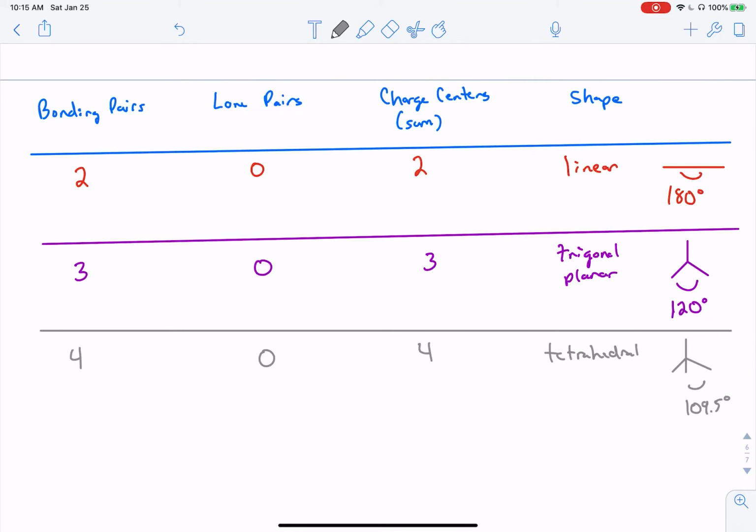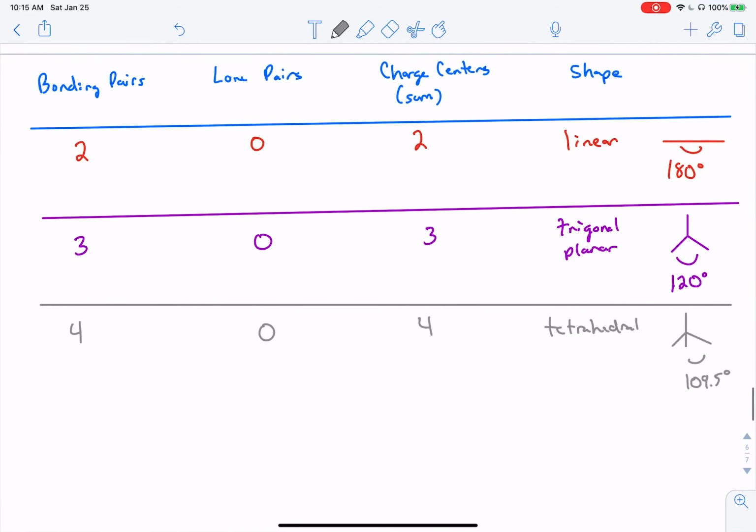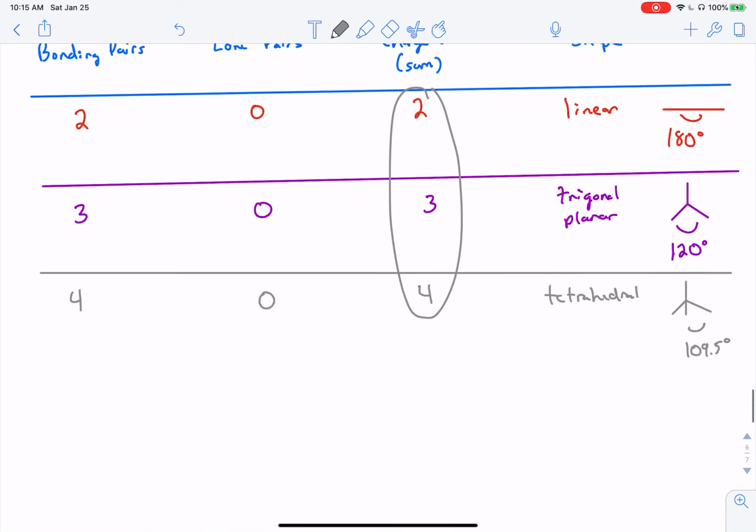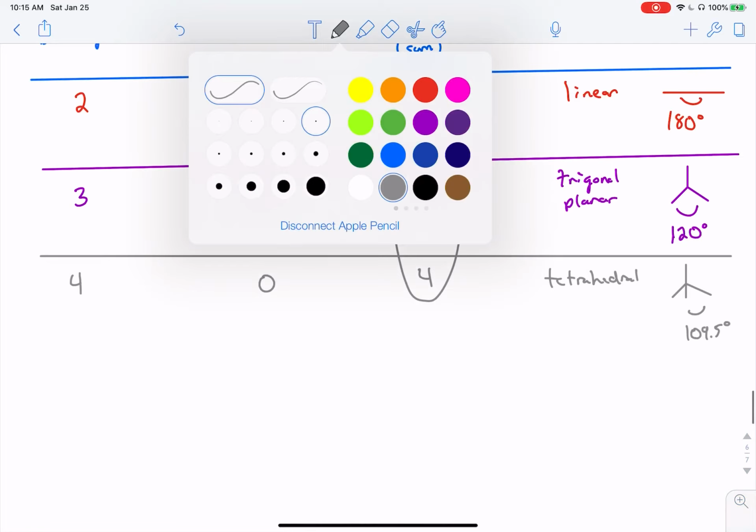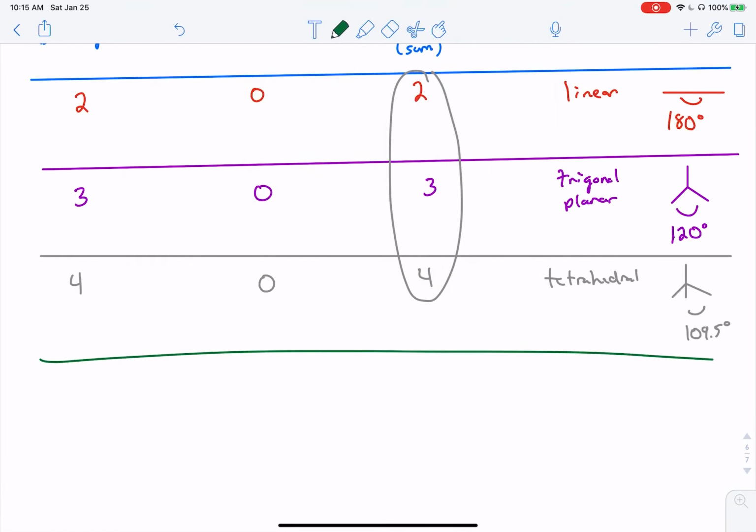Okay. So these are my 3 electronic geometries, because notice the lone pairs aren't in there. If you have this number of charge centers, that's this electronic geometry here, no matter what any other combination is. So keep that in mind, because we're going to do some of the lone pairs now.